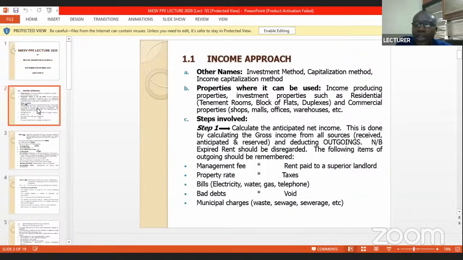When you arrive at the gross income, we deduct outgoings. You will notice also that some students believe that outgoings is only management fee, only agency fee. Hmm? It's only management fee.